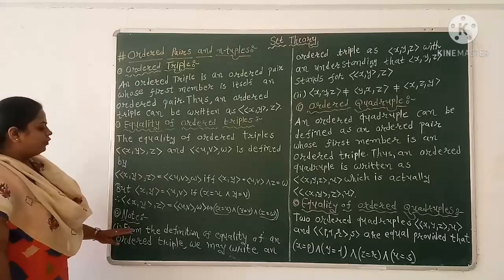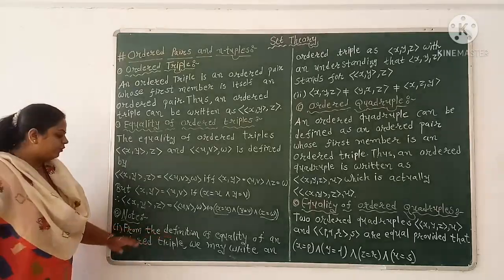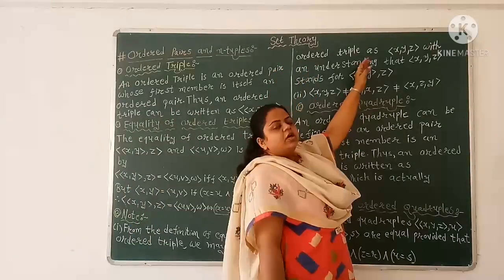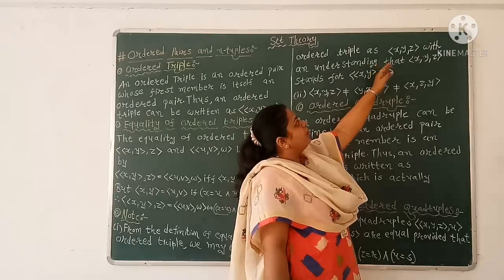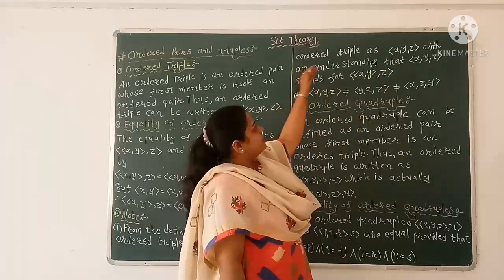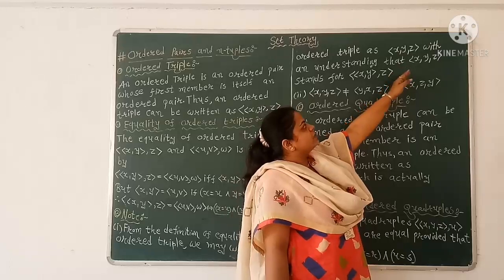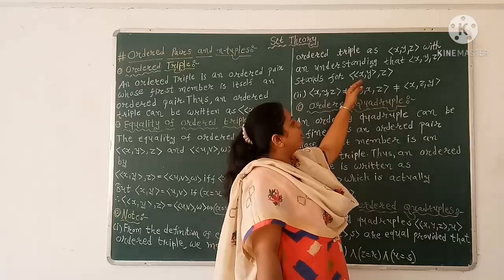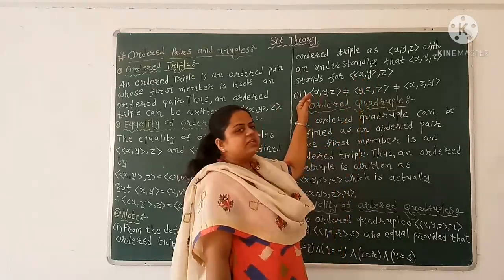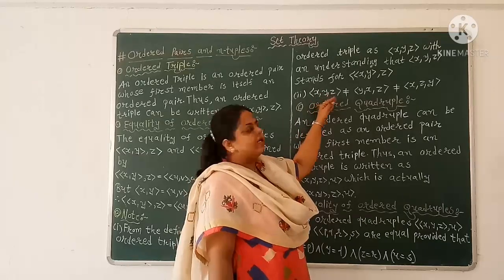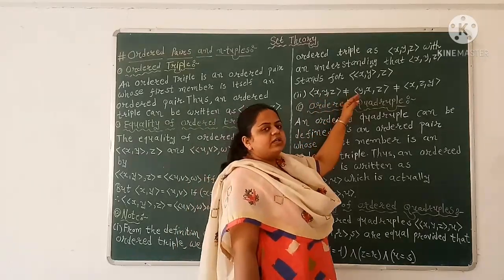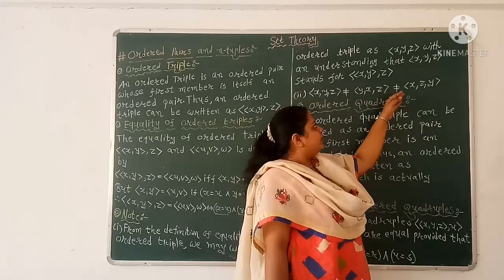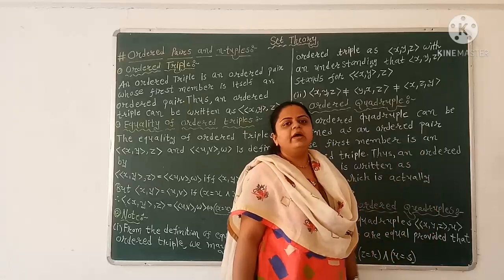Now note, from the definition of equality of an ordered triple, we may write an ordered triple as (x, y, z). Then (x, y, z) is not equal to (y, x, z), which is not equal to (x, z, y).